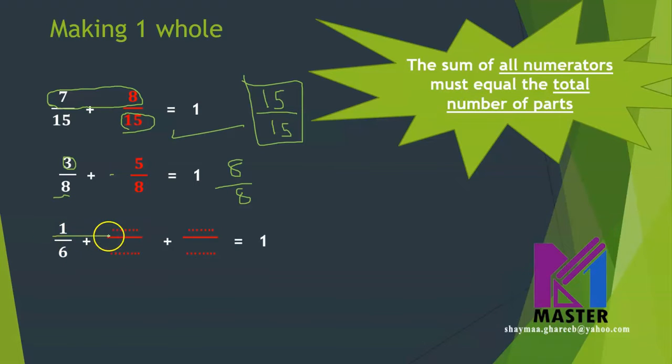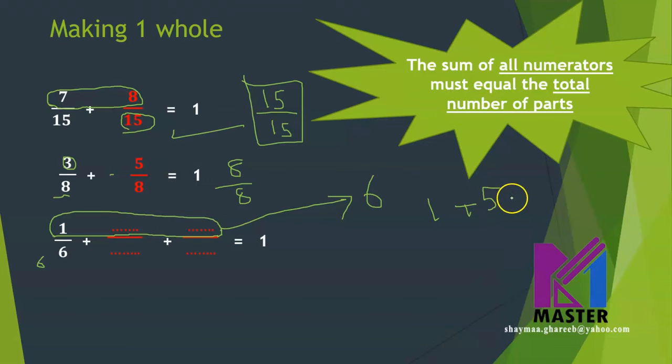So all the numerators together must equal the total number of parts, which is, what is the total number of parts here? Number 6, right? So must equal 6. 1 plus what equals 6? Of course, 1 plus 5 equals 6. This is the 1, so I need these two numbers to add up to 5.